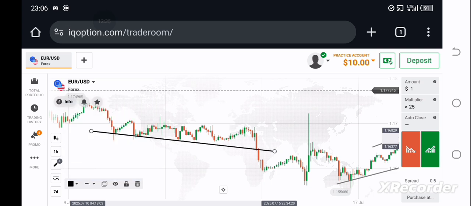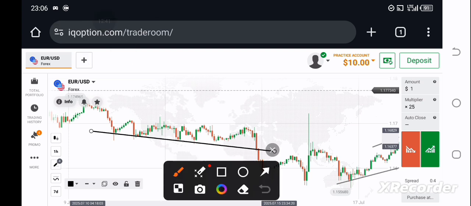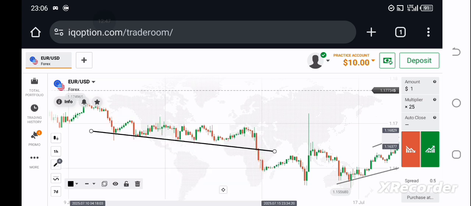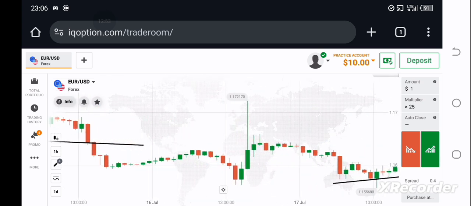In this situation, you can see that the market is bouncing off from that level. Eventually there is a breakout, and this breakout looks very, very strong. It looks like an institutional candlestick. Yes, there has been a news release at this particular time.